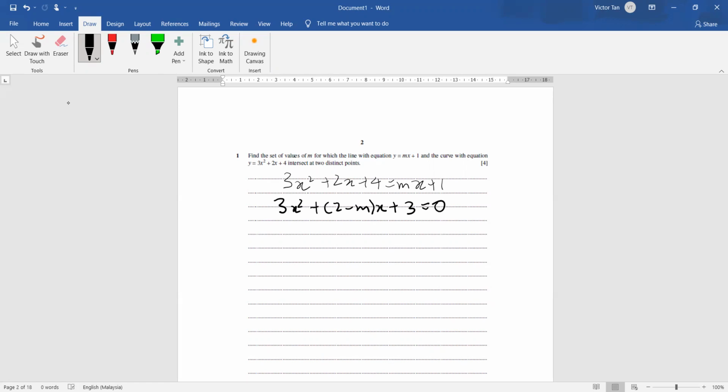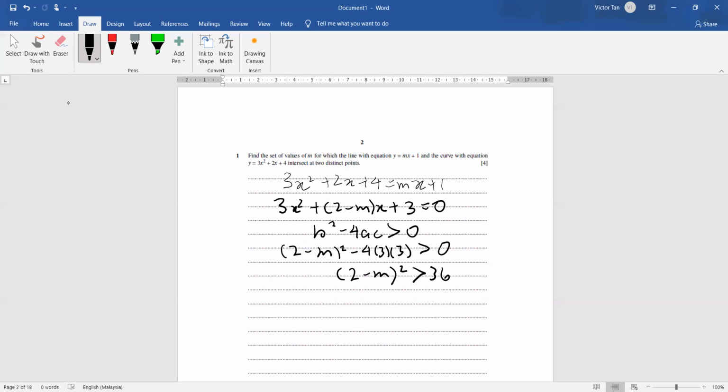So if it intersects at two distinct points, then b squared minus 4ac is larger than 0. (2 minus m) squared minus 4 times 3 times 3 larger than 0. (2 minus m) squared larger than 36. Now in this instance, you don't have to expand and then factorize.